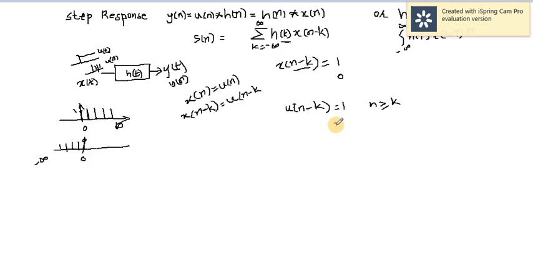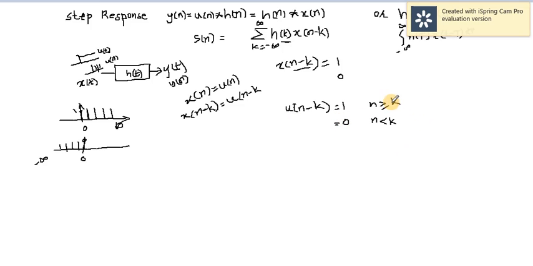Otherwise, if n is less than k, we start getting u of minus 1, minus 2, and in that case its value is going to be 0.